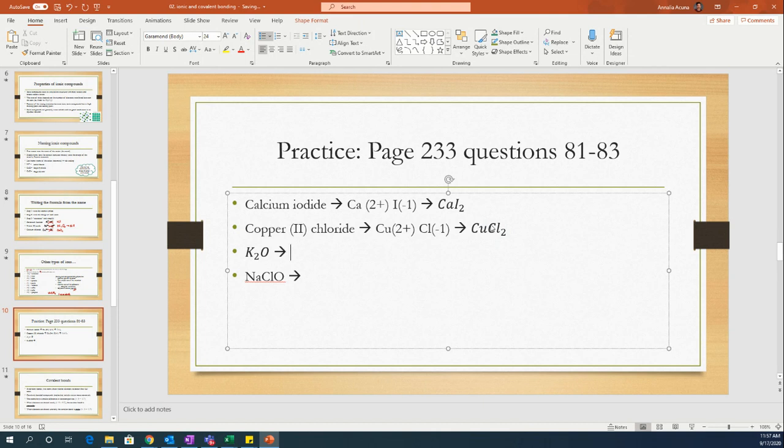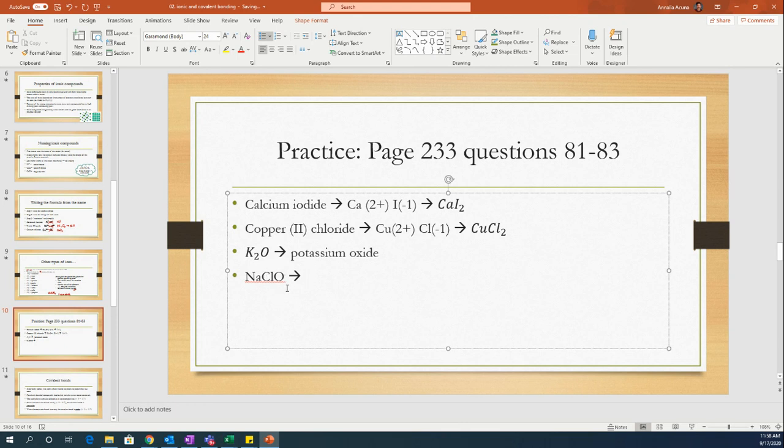Okay. And we have K2O. So I'm going to state the name of my first element, which is our metal, and that's potassium. And then I have oxygen, which will become oxide. We keep the root and then change the ending. And then this one is funky.